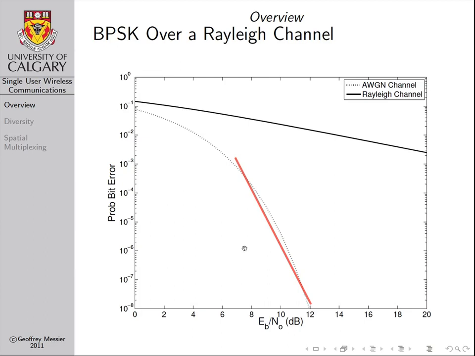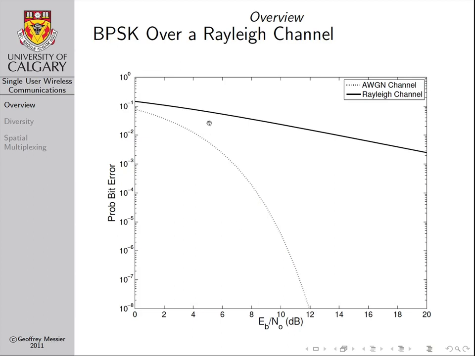And so this suggests to us that if we're unhappy with the bit error rate in our additive white Gaussian noise channel, increasing the transmit power is a reasonably good solution, right? So you increase your transmit power and you get a big payoff. The bit error rate really falls quite quickly.